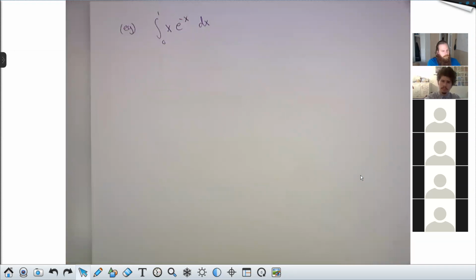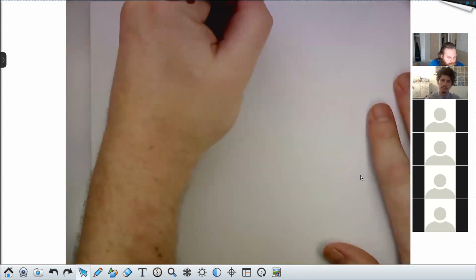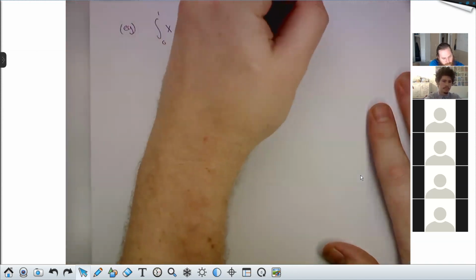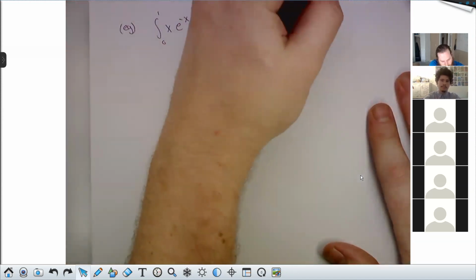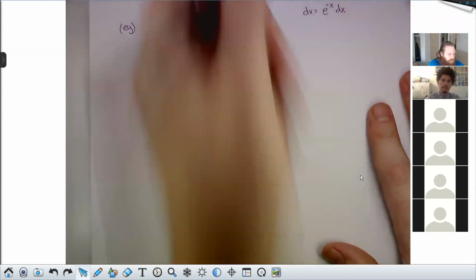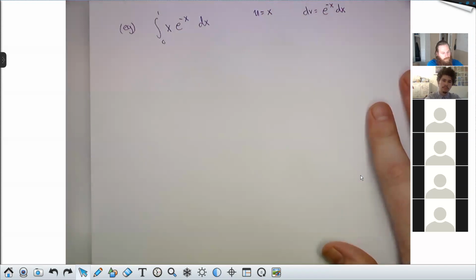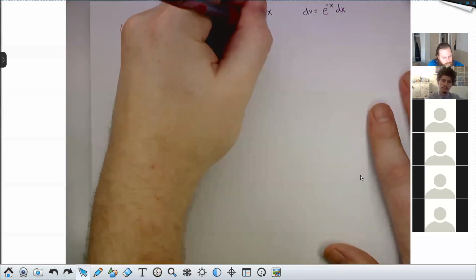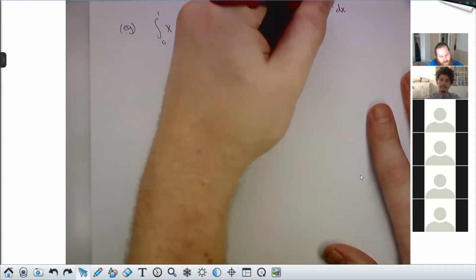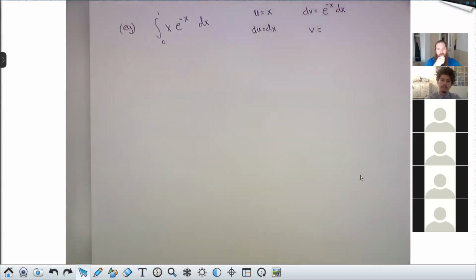Well, so this is going to be done by parts, just like x e to the x was. Here I'll choose u to be my polynomial piece and dv to be my everything else, which is e to the negative x dx. Du is just dx. What is v? What is an antiderivative for e to the negative x?